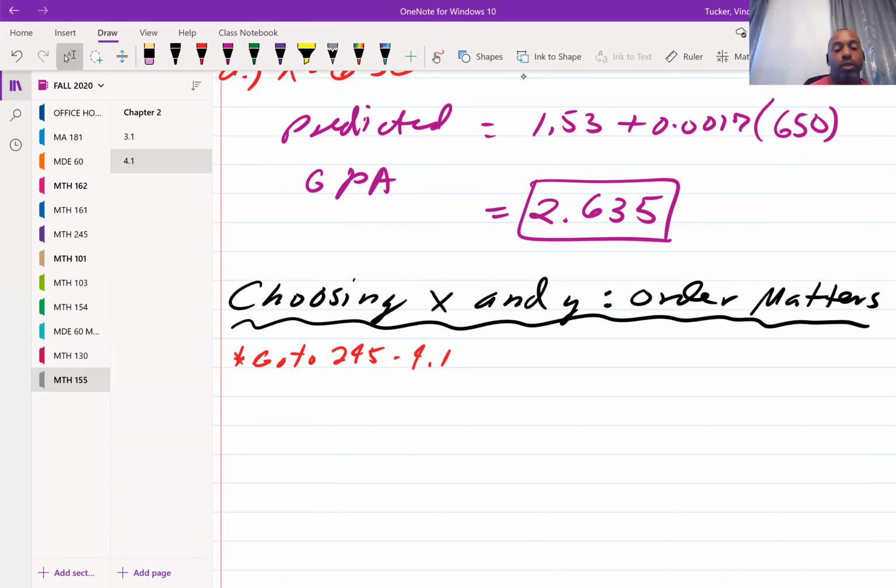Notice he was using the pages of the book to explain the thickness of the book. So the pages would have been X, or your explanatory variable, and your Y, your response variable, would be the thickness of the book.